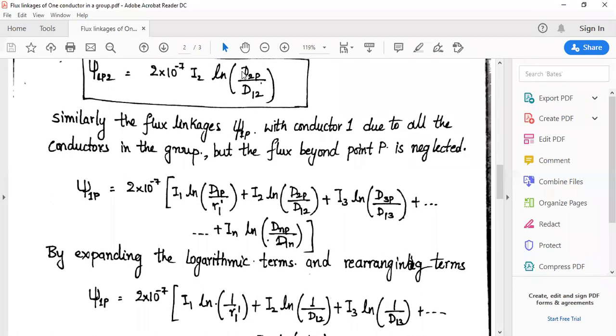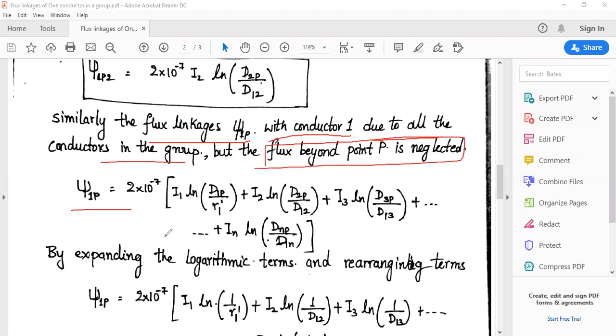I can use a summation: the flux linkage phi 1P with conductor 1 due to all the conductors in the group, but the flux beyond point P is neglected in all cases. So the summation is due to currents I1, I2, I3, I4, I5 up to IN, and I can write it in the equation. R1 dash, the first one, is the fictitious radius of the first conductor, due to current I1.